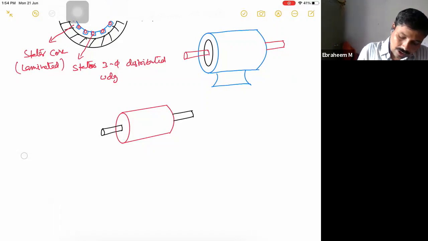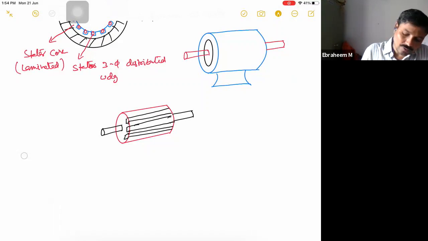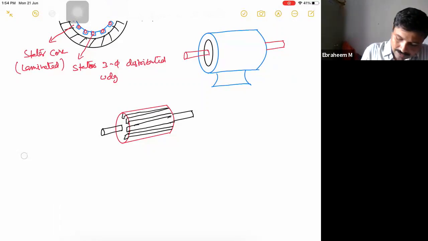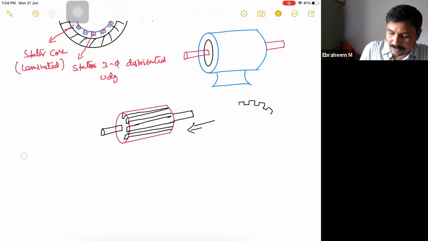On the surface of the rotor, you will have slots, or you can think of them as grooves, so that we can place conductors throughout the periphery, the outer surface of the rotor. You will find grooves. If you look from this side, it will look like what I have drawn now for the DC motor, like a gear wheel.